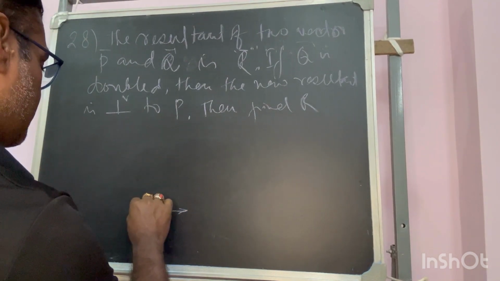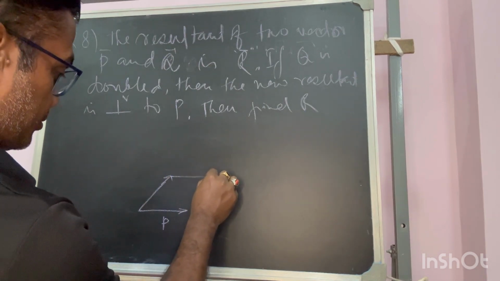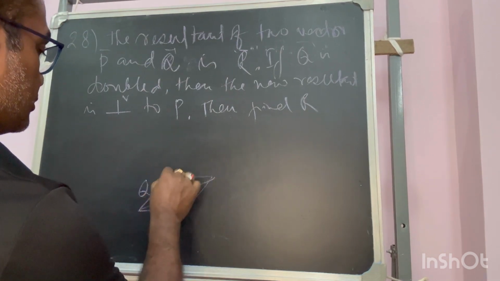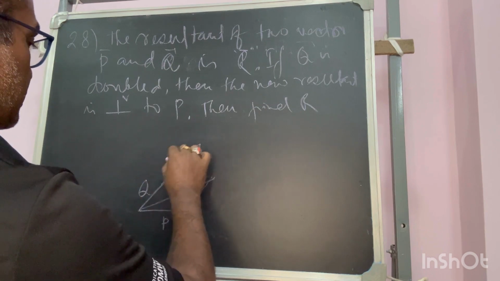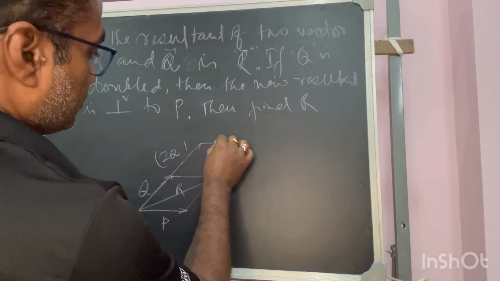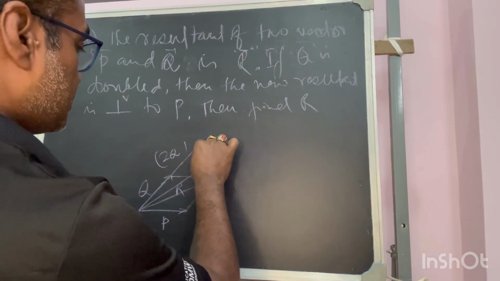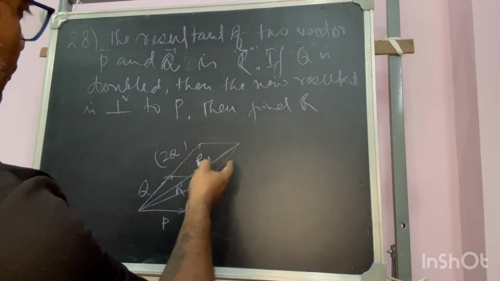So this is P, this is Q. I will complete this parallelogram. This will be R. Now Q is doubled, I am increasing this by double, so the new one will be 2Q. Now if I add this, the new resultant will be this one. This is R1. Then the new resultant is perpendicular to P.